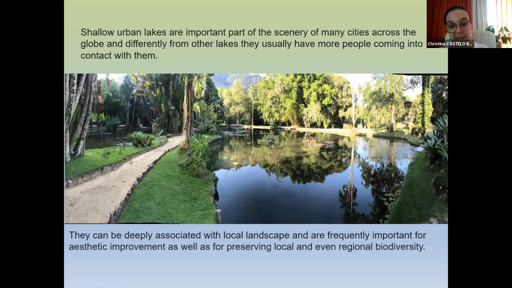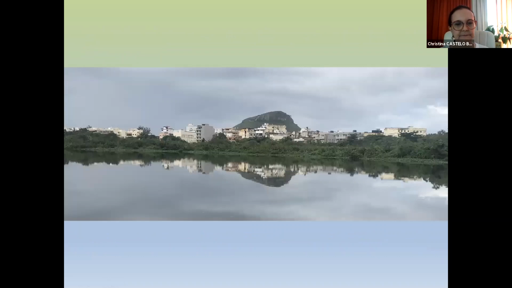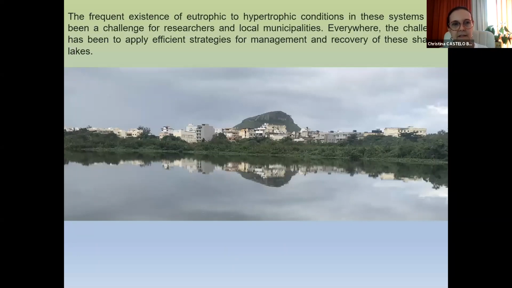Urban lakes can be deeply associated with the local landscape and are frequently important for aesthetic improvement, as well as for preserving local and even regional biodiversity. The frequent existence of eutrophic and hypertrophic conditions in these systems has been a challenge for researchers and local municipalities.